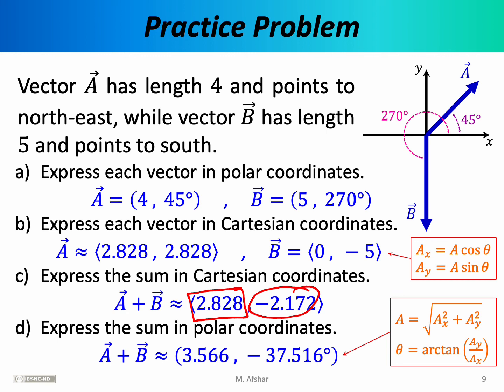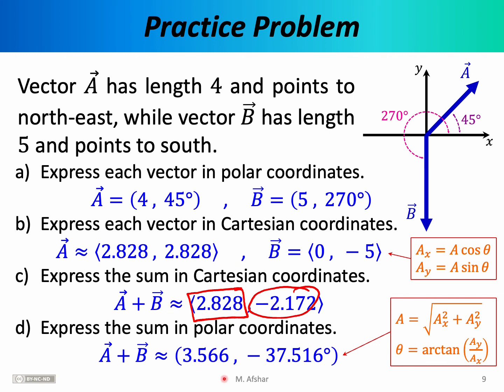Incidentally, notice that to find this final answer, I followed a very specific recipe here. So on an exam, I might just give you a picture like the one you see in the upper right-hand corner, and then I might simply ask you to express the sum in polar coordinates. In that case, you have to know that you must follow this procedure. You want to write the vectors in polar coordinates, convert to Cartesian coordinates, add the Cartesian vectors, and then convert back to polar coordinates.